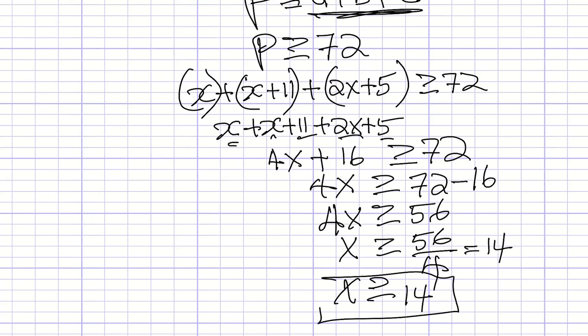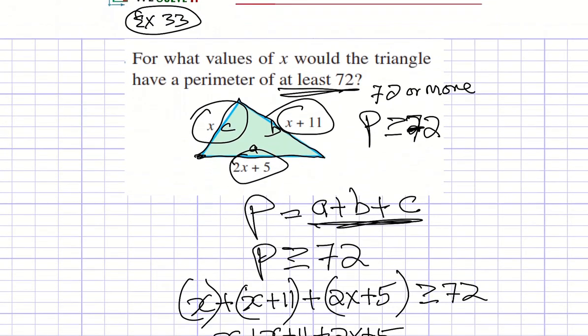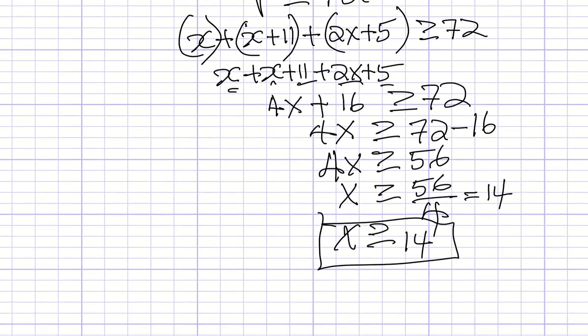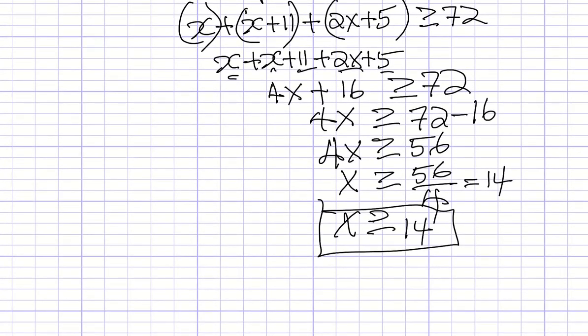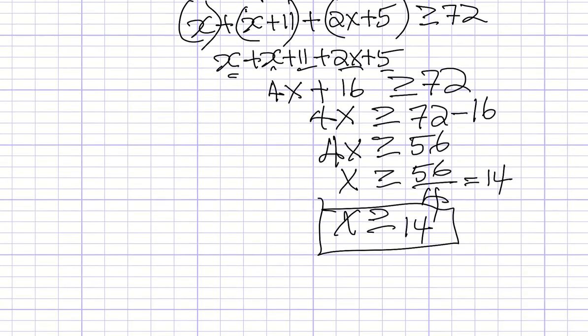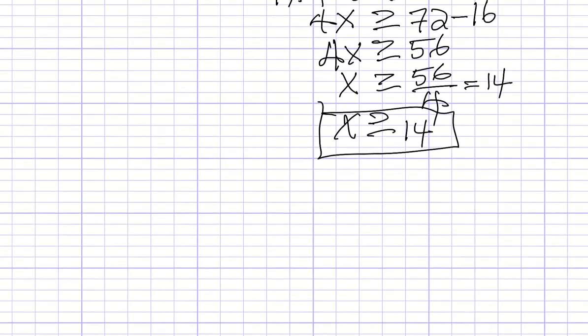That's what we're looking for. For that triangle to have a perimeter of at least 72, x has to be 14 or more. That's all that is saying, man. It's not saying more than that. The value of x has to be 14 or more. And then I'm done with that.